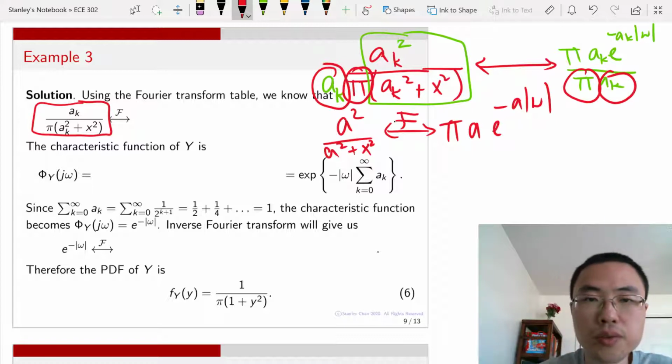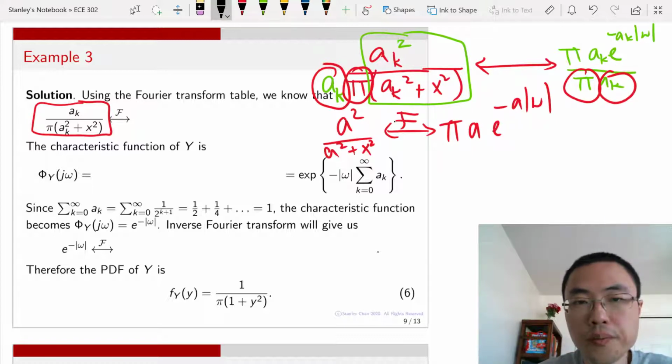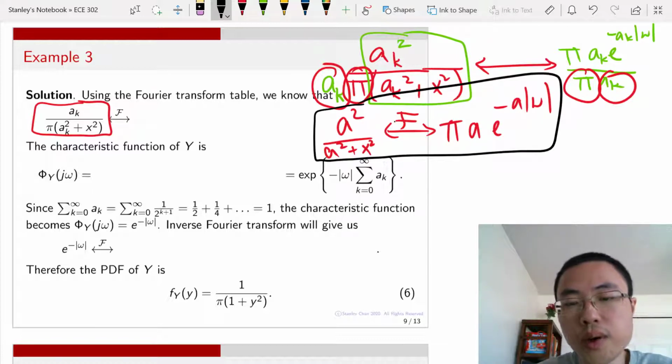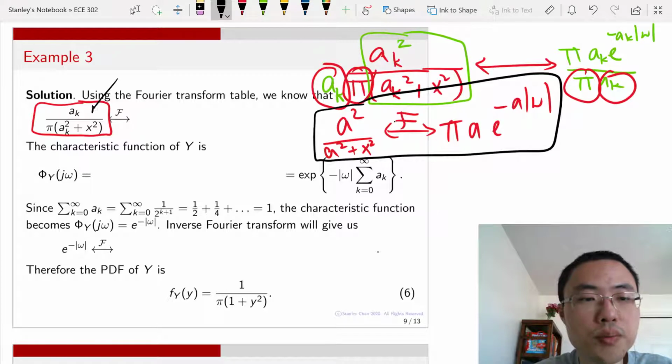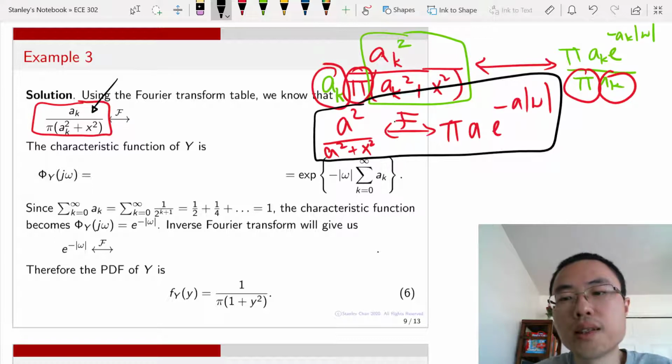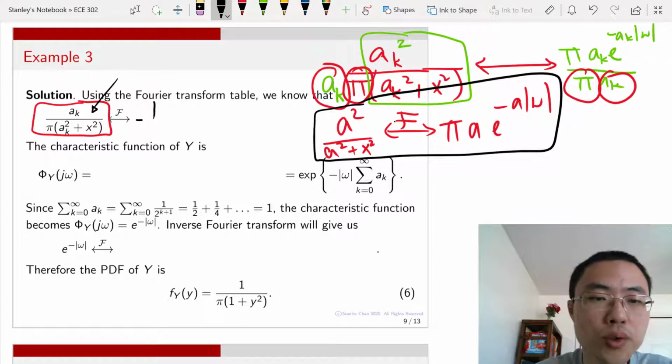Okay, so let me just recap. You have this a squared divided by a squared plus x squared. You take the Fourier transform, you will get to this form. Now, in order for you to take the Fourier transform of this guy, you need to scale them properly so that it will take the exact same form as what you have over here. And in order to do that, I will have 1 over pi ak that comes out.